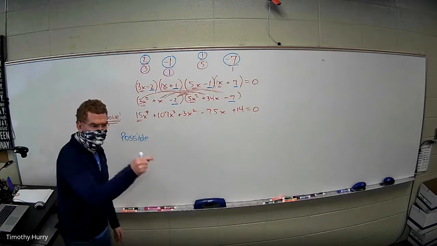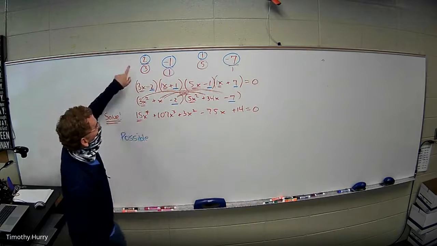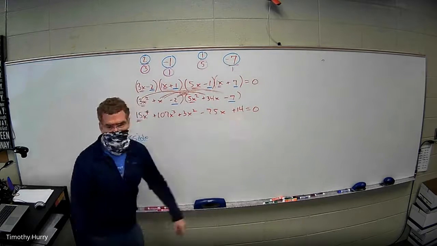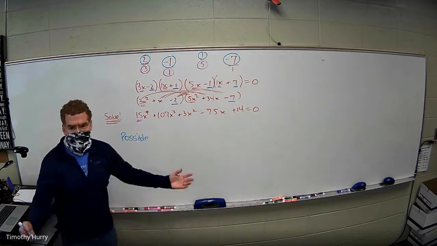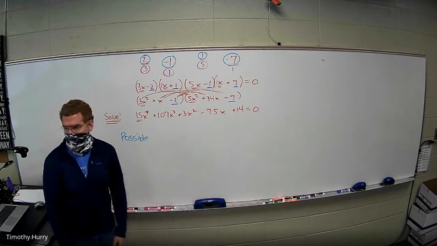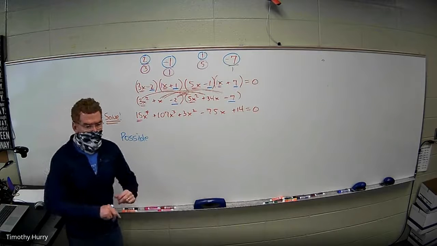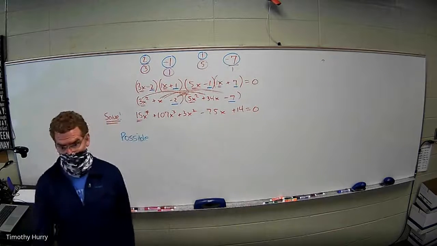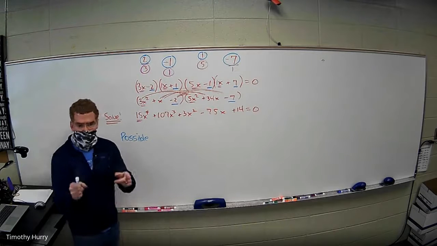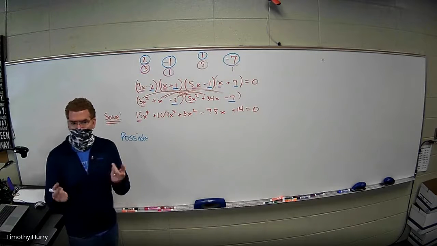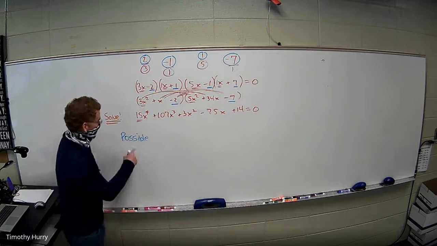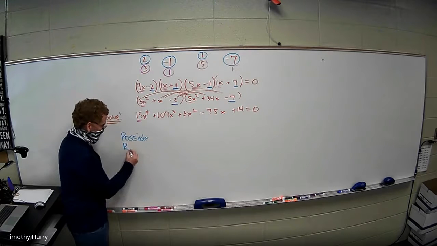And if it's possibly going to be a root, my numerators come from the factors of 14. Now the problem is I don't know exactly in what combination they're going to be. I have no idea. But of all the infinite numbers in the universe, I can narrow it down to those combinations.